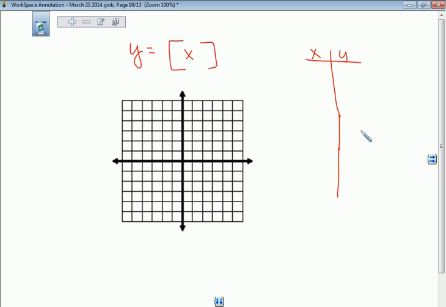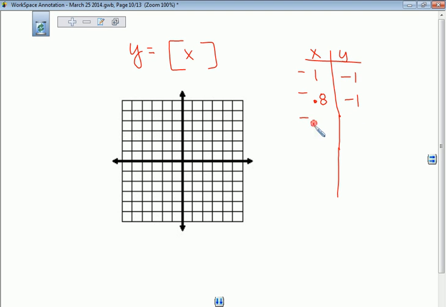Okay, so let's take a look at our parent graph for our step function. Here's our function, and I'm going to pick some values. Let's do -1. What is the greatest integer that is less than or equal to -1? -1. Okay, let's do -0.8. -1.